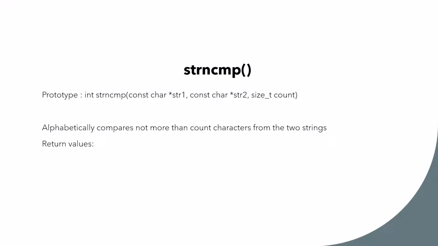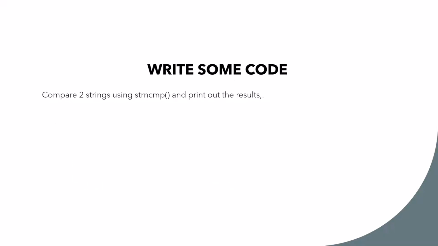And then of course returns values which again have meanings. Less than 0 indicates str1 is less than str2, 0 indicating str1 is equal to str2, and greater than 0 indicating str1 is greater than str2, again the same as strcmp. So again, we need to see the differences between these three functions, right? So let's write some code.